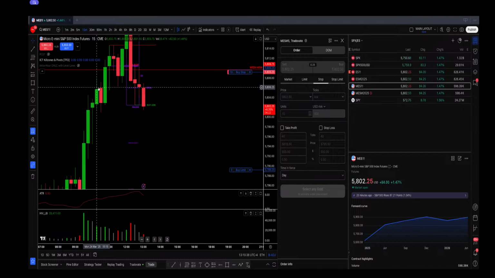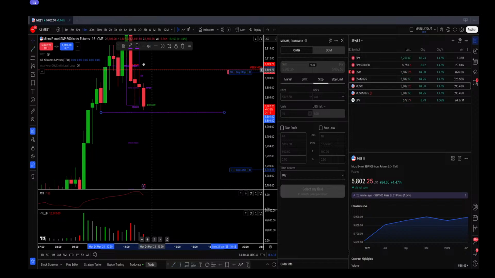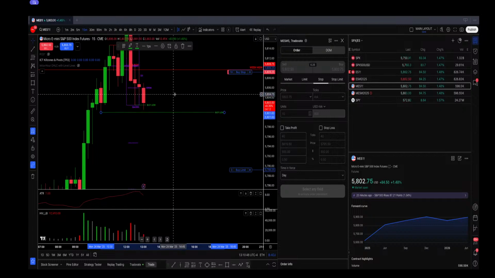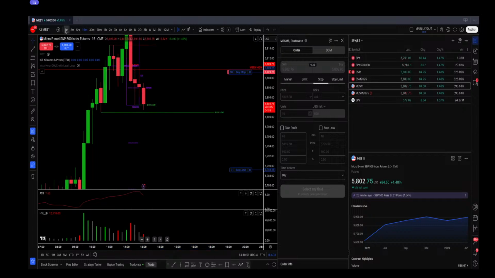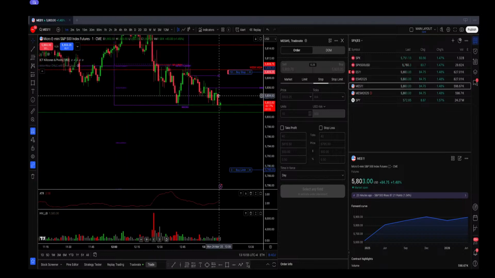Nope. This was initial balance here. This is the low of that. So now I'm gonna watch that low. We're holding that, so that's decent. This is a seller's candle though.